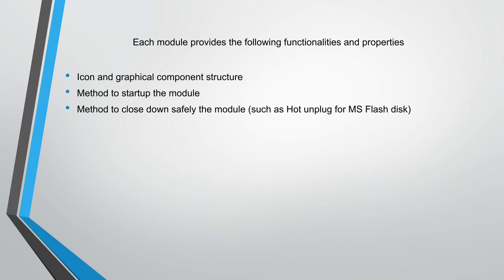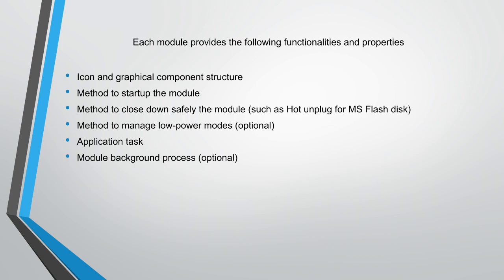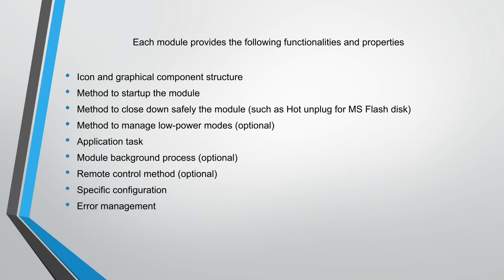A method to manage low power modes, which is optional, and application task, the module background process, which is also optional, a remote control method, which is also optional, specific configuration, and then error management.